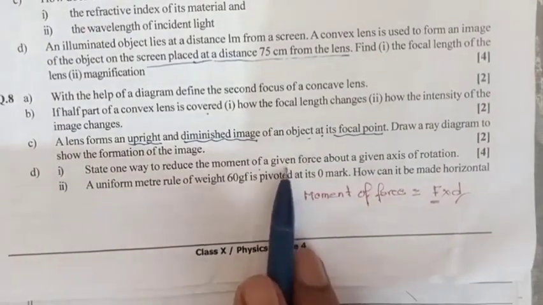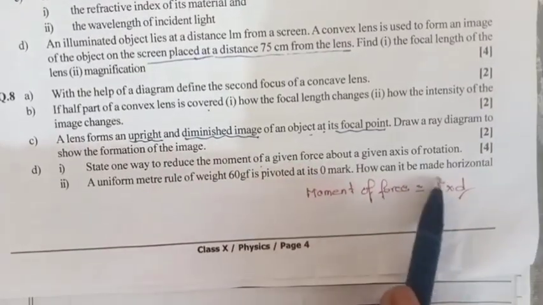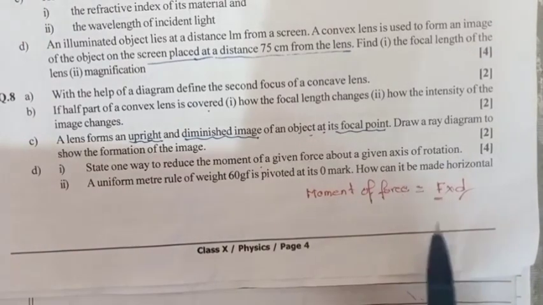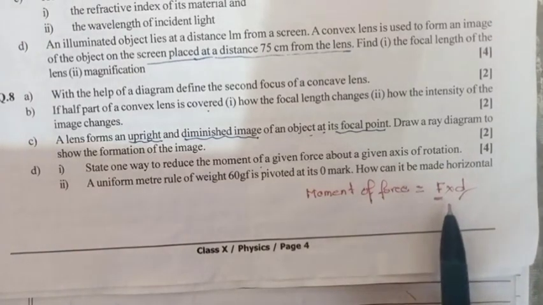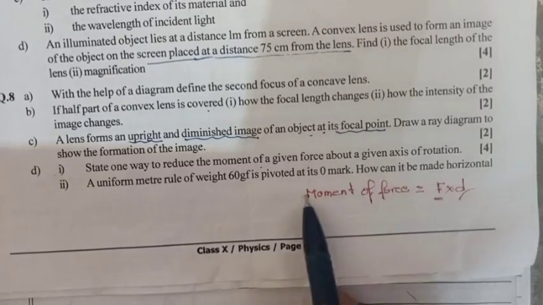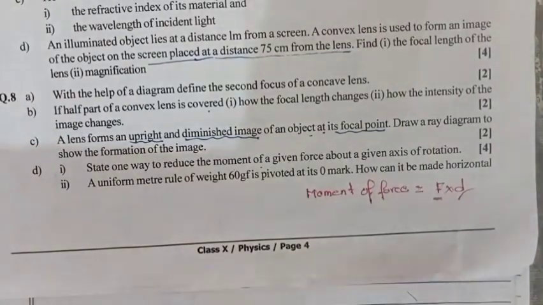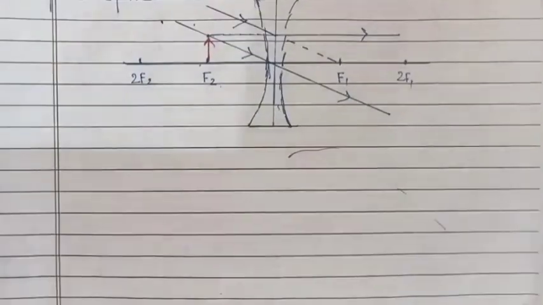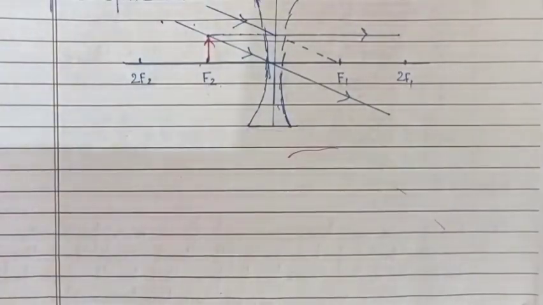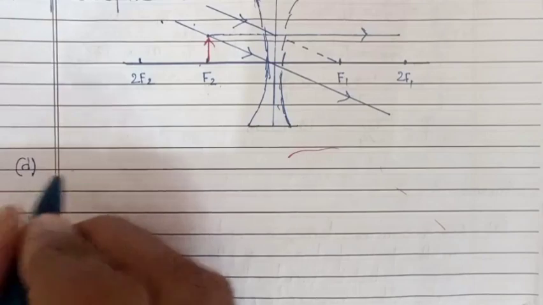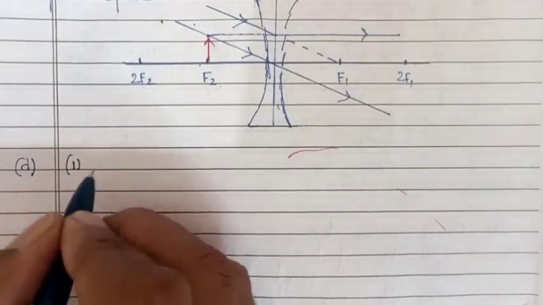See, the question says it is a given force, so you cannot make any change in the force. So the only change that you can make is in the distance. So here you will say that this distance, if reduced, will reduce the moment of force. So let's write the answer for this part. This is D part, and we are writing the answer for the first subpart.